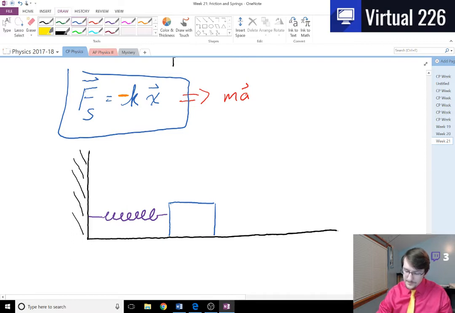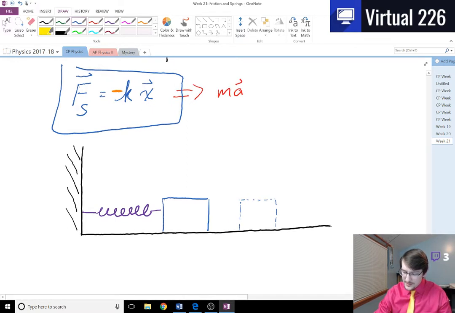This block is pulled back from rest, because this is where the spring is initially sitting with the block, a distance here, a delta x, or an x if you'd like to think about it like that, of, let's say 0.5 meters.